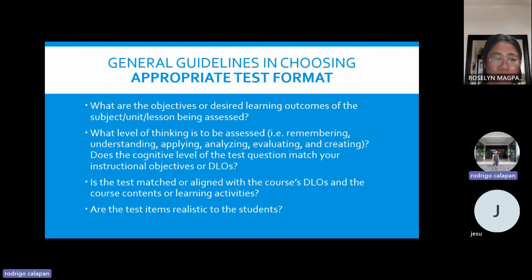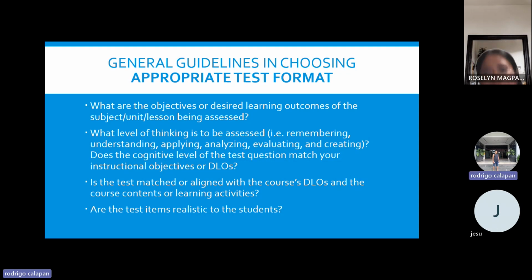The second question is, what level of thinking is to be assessed? We are referring now to the cognitive level of test questions. I think you remember: remembering, understanding, applying, analyzing, evaluating, and creating.